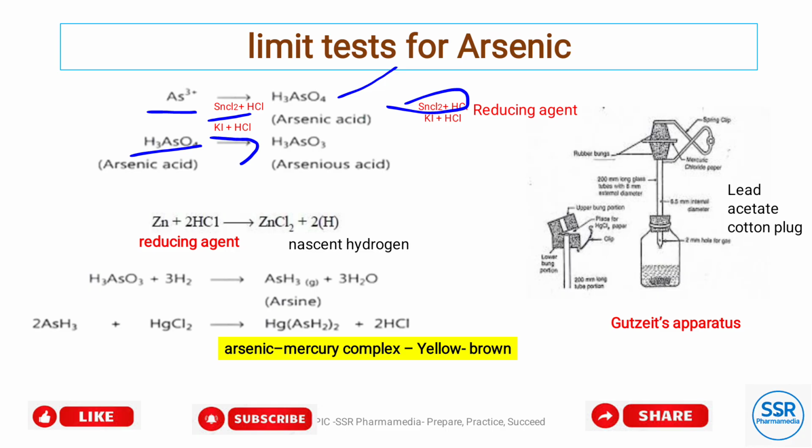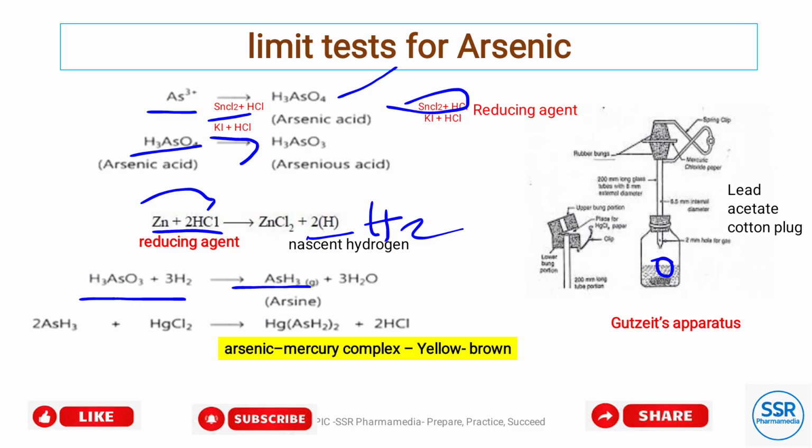In the meanwhile, we take zinc in this glass jar. The zinc and HCl medium react to form nascent hydrogen, H2. This nascent hydrogen reacts with arsenious acid to form arsine gas.